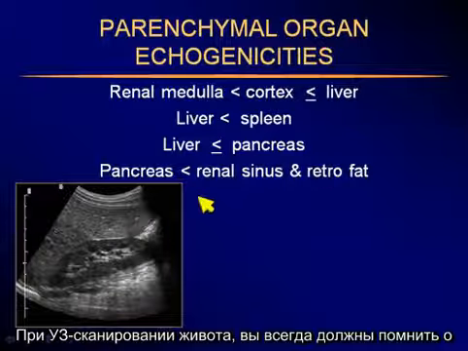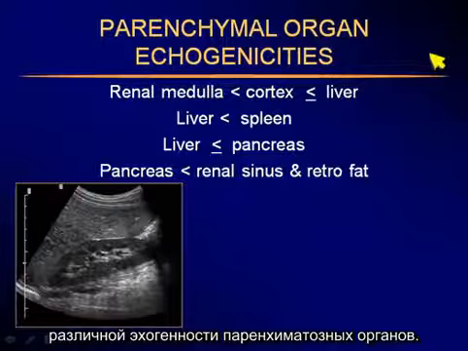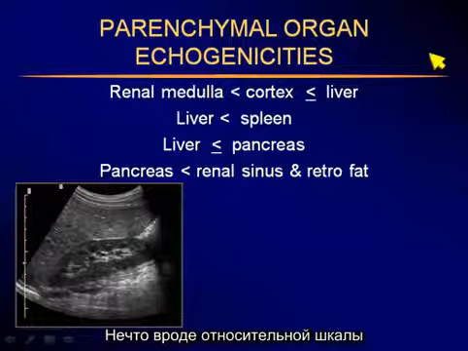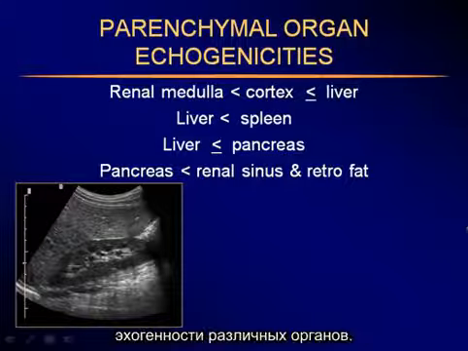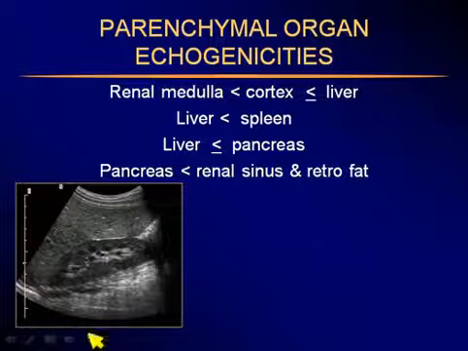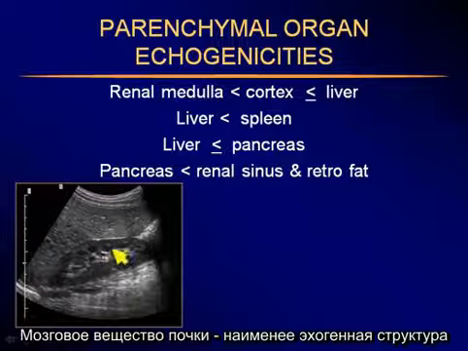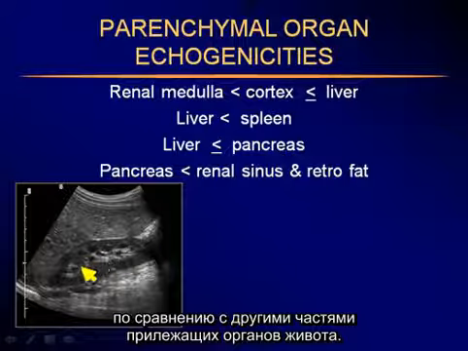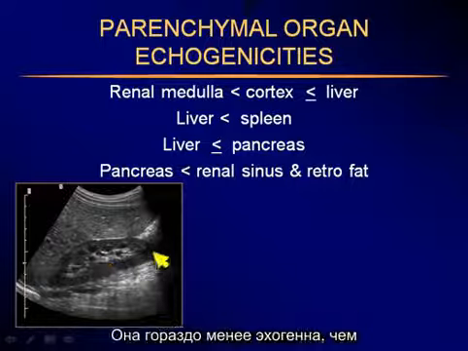Now, as you scan the abdomen, you should always have in mind the different parenchymal organ echogenicities and have a kind of a relative scale in your mind of the different echogenicities. The renal medulla is the least echogenic of all the parts of upper abdominal organs.